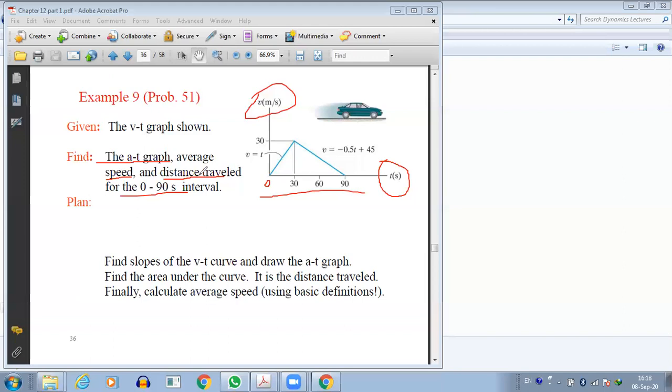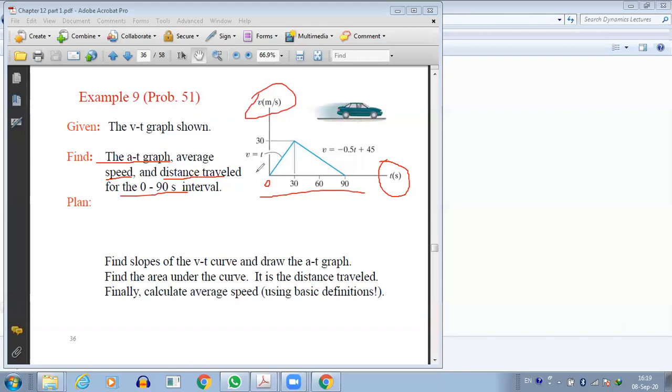From velocity to acceleration, you have to differentiate. From velocity back to the distance, you need to integrate. So differentiation one time, integration. Let's see how it's done.